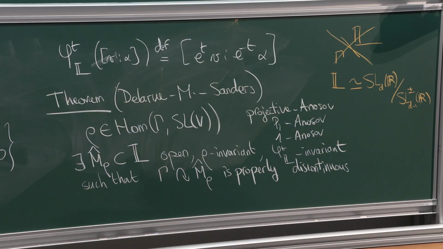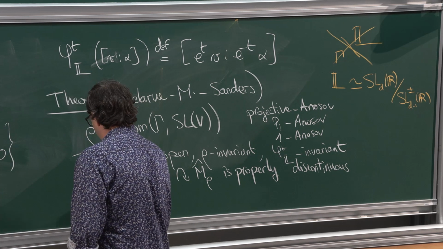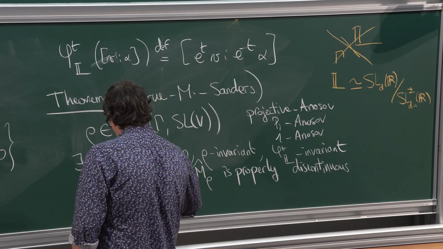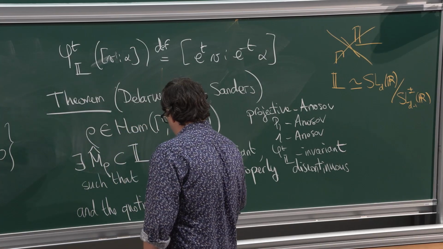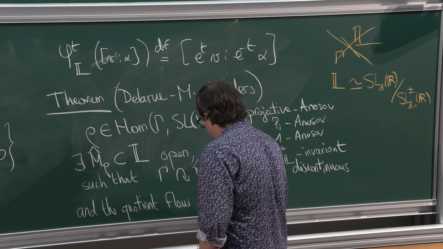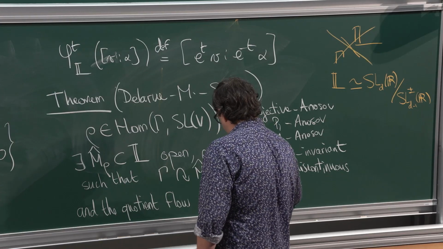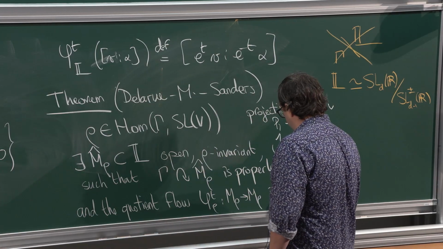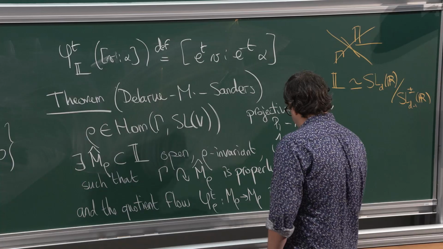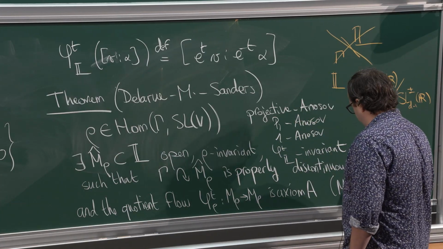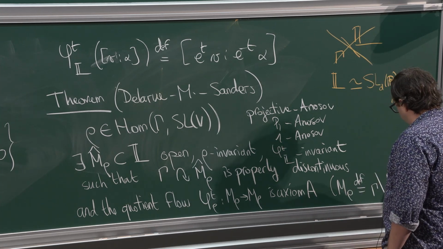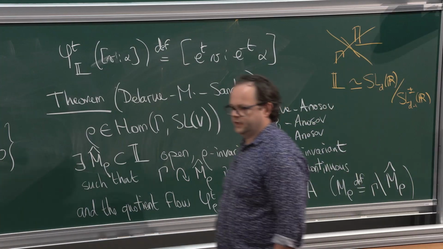And the quotient flow of M rho hat is Axiom A. So we'll call it phi t rho on the manifold M rho, is Axiom A, right? Where M rho, by definition, is the quotient of this M rho hat.